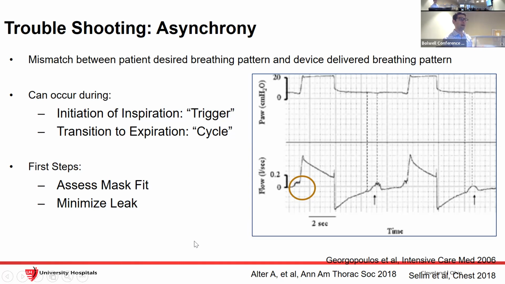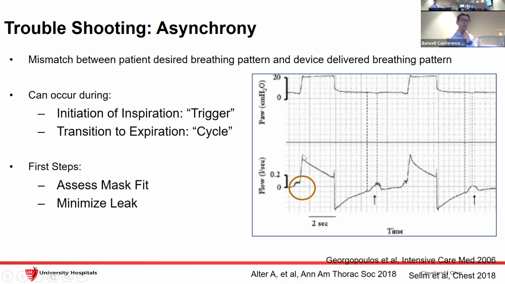Okay. And expiration is usually passive. It's not sucking the air out. Right. And so what I just want to show you is when the flow drops, you drop to EPAP. You see that?